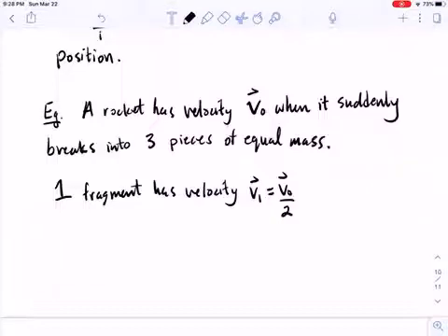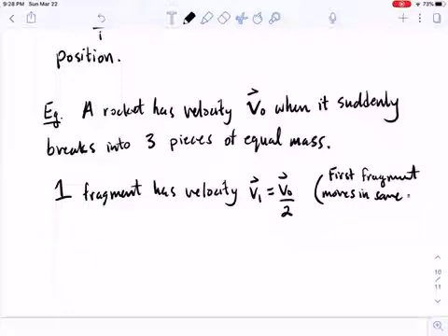The other thing it tells us is, because it's a vector equation, that this fragment 1 moves in exactly the same direction that the rocket was going initially. So this tells us that the first fragment moves in the same direction as v naught initially did, so as the rocket did before it broke apart.